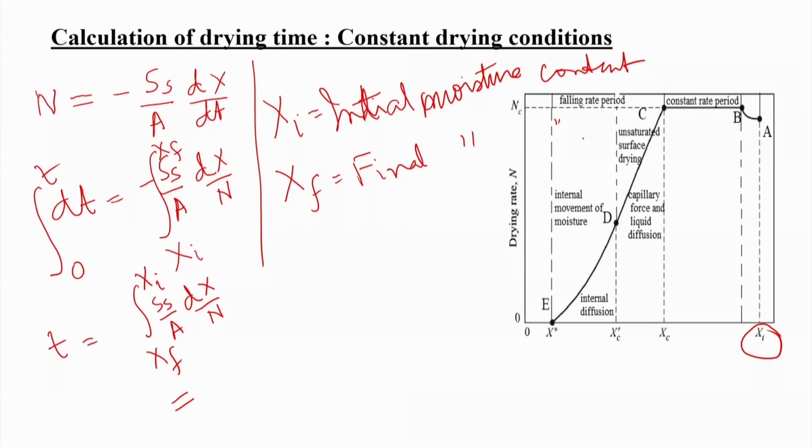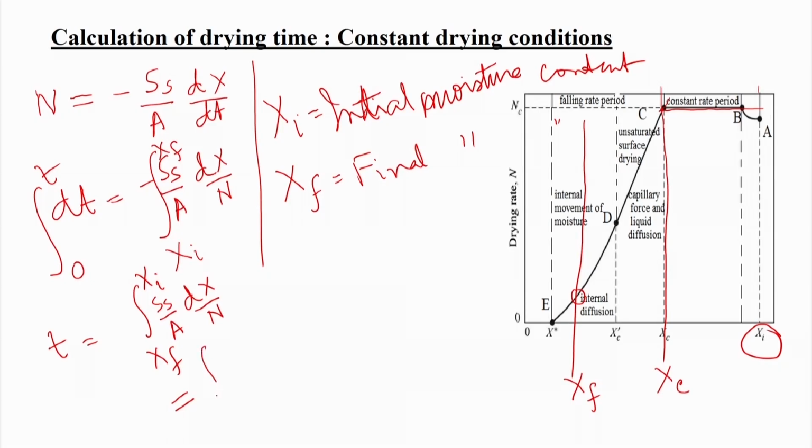Let us take x_f is somewhere here. Firstly, we start from here, and it comes to this point, so this is from x_i to x_c.